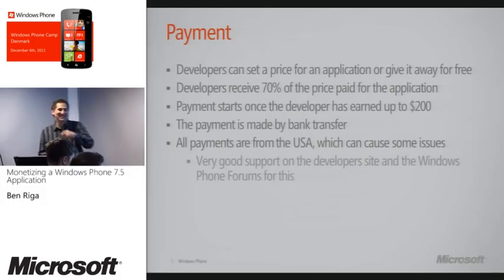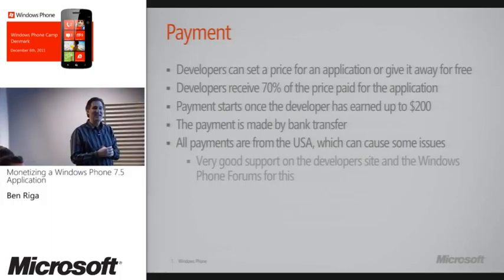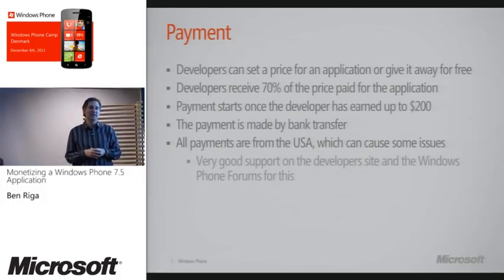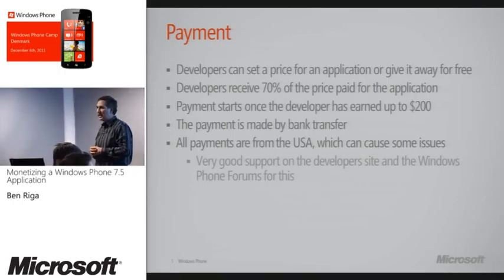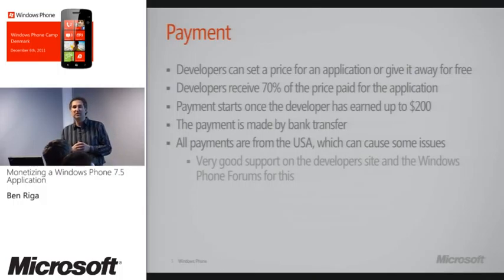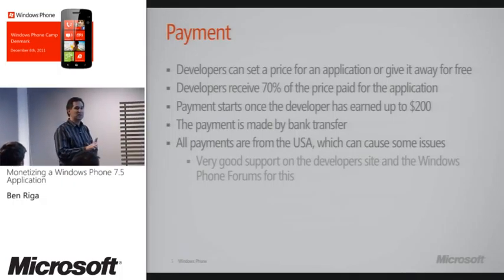Any other questions? Yes? Can I submit an app that would only be available within an organization or an enterprise? Not really. There are 3 different app types that you can submit for.